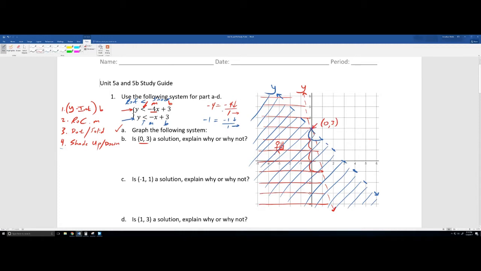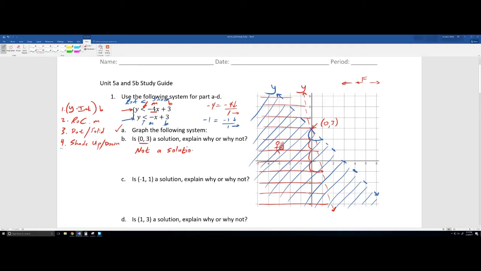Now, notice how both boundary lines are actually dotted. So technically, anything on either of those boundary lines would not be a solution. Remember, when we had a dotted boundary line and a coordinate on it, that would still be false. And if you consider both situations, y is less than for both of them. So 3 is not less than, it's exact. So 0 comma 3 is not a solution.